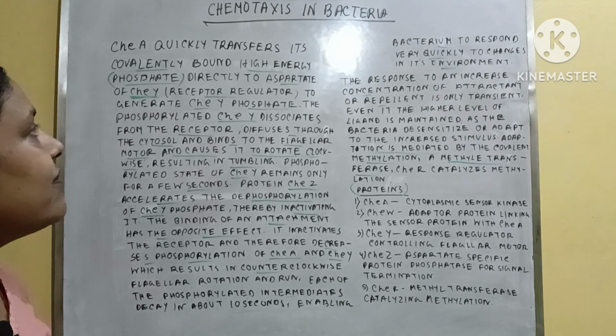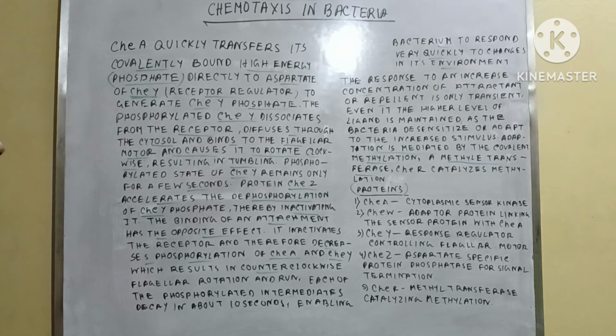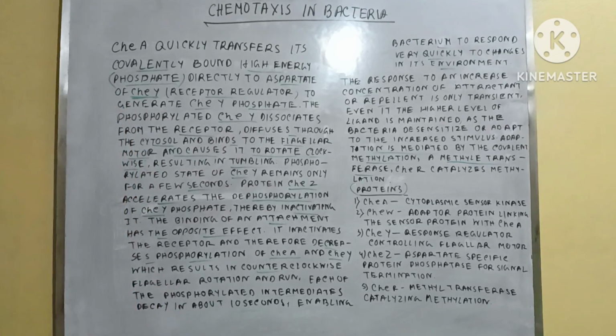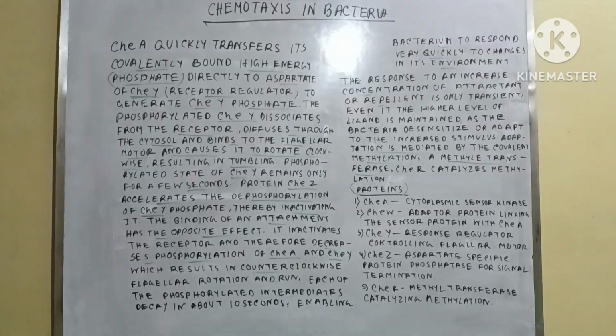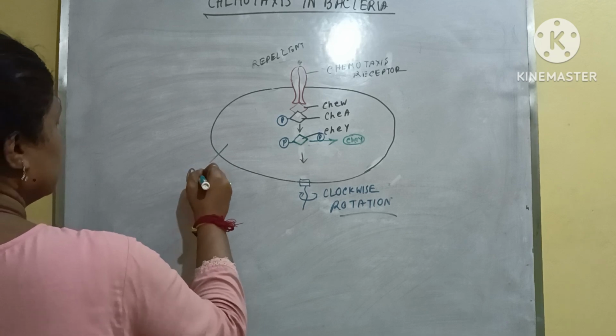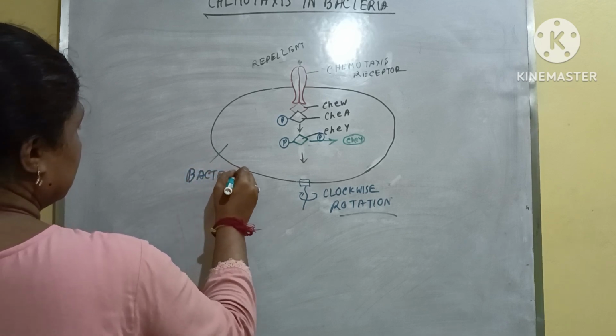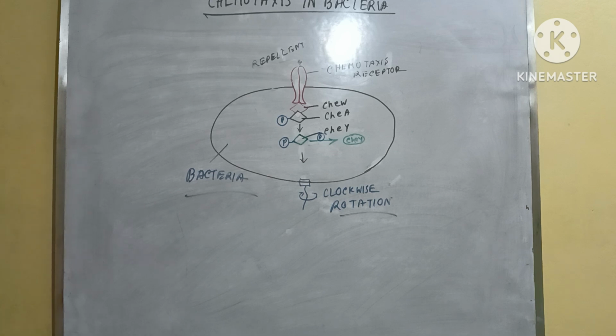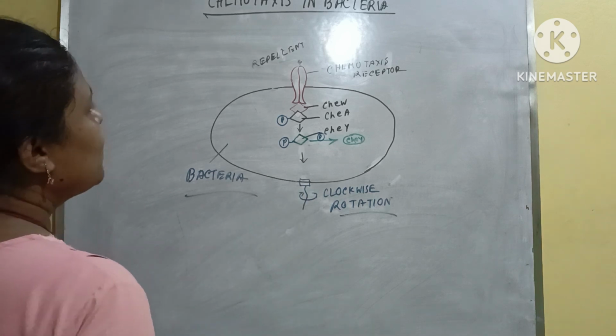Clear? Now I will draw a rough diagram. This is the rough structure. This is the bacteria, and this is the flagellum of the bacteria, and clockwise rotation is seen here. So what is happening?